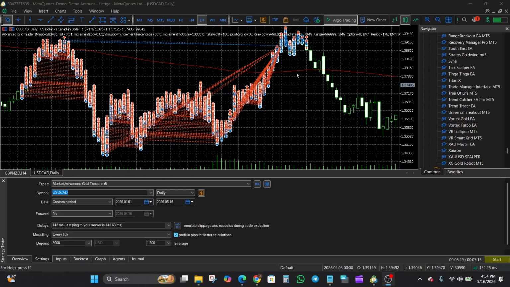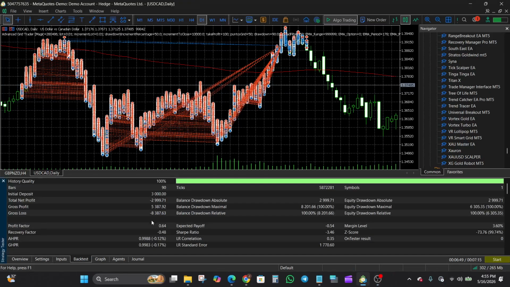All right, and I'll still recommend running longer term testing yourself as well, because grid-based systems can behave very differently depending on the length of the data set, market volatility, and broker conditions. So when we talk about these historical backtest results, it's important to remember that performance can vary a lot depending on settings like lot size, grid spacing, spread conditions, slippage, and overall optimization choices.